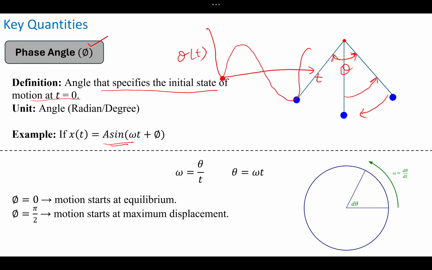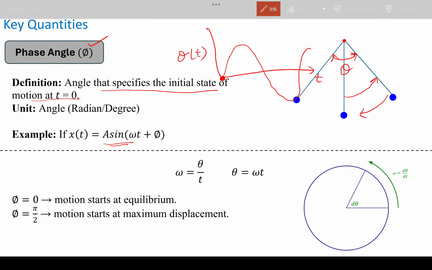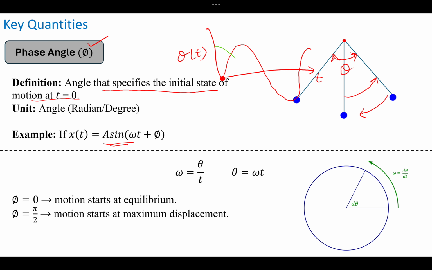But it is very possible that at t equal to 0, it is not at this position. It may be at the extreme position at t equal to 0, like in our case. At the initial case we put a certain displacement theta, we gave a 21 degree initial displacement. So that 21 degree is our phase.